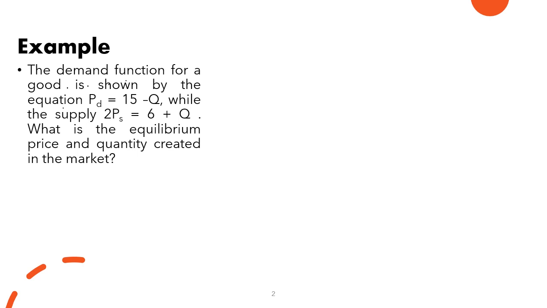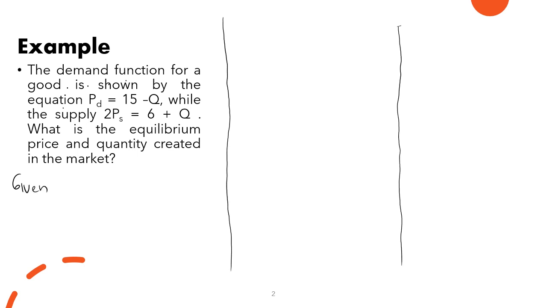So given that, let me divide my slide into 3 sections. Given that we have the demand function PD equals 15 minus Q, we already have it in good explicit form of P, right?